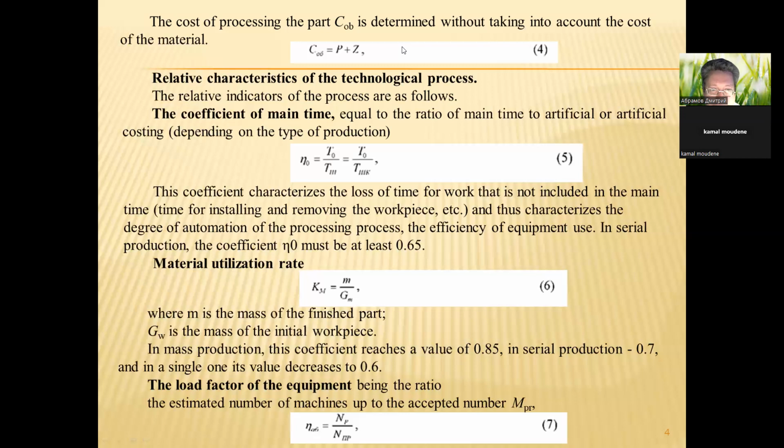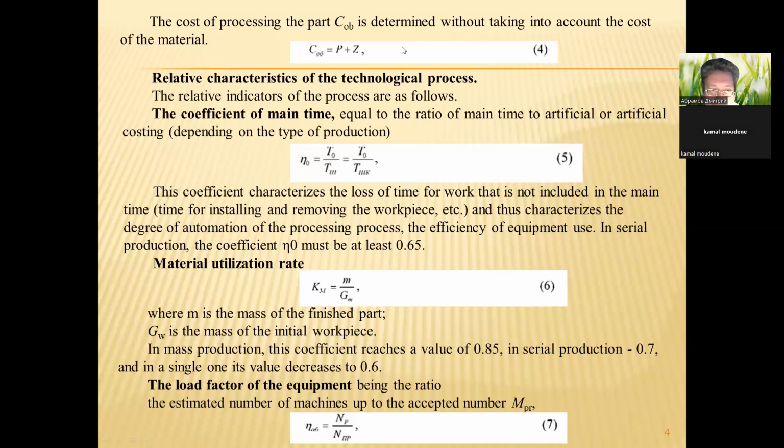This coefficient characterizes the loss of time for work that is not included in the main time. It's time for installing and removing the workpiece, etc. And thus it characterizes the degree of automation of the processing process, the efficiency of equipment use.